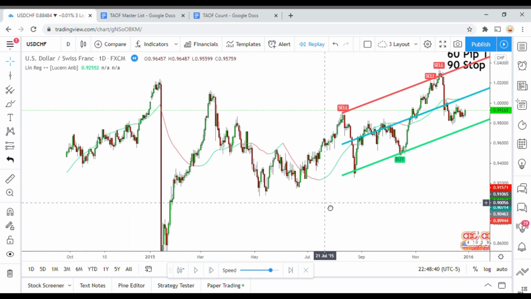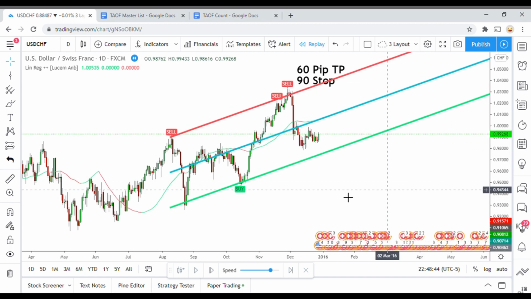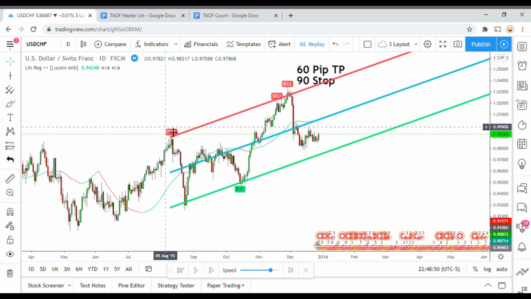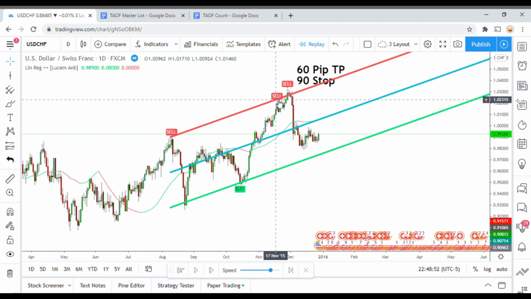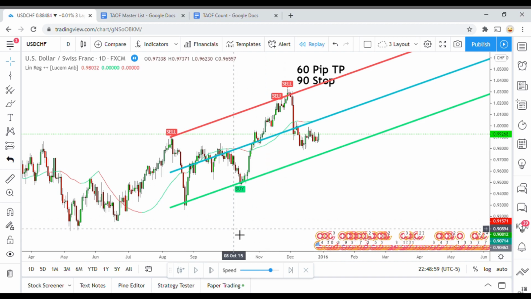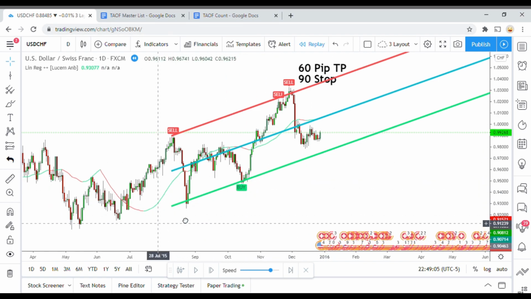Now, the one thing that I did like about this version was that it takes the guesswork out of where you should be buying and selling. You can see here that it puts the tags there for you, telling you when you should be selling and when you should be buying. Pretty simple setup. Tells us when we should go short, tells us when we should go long.